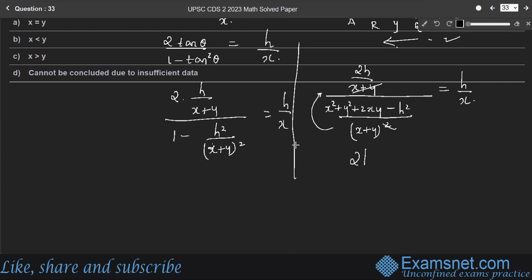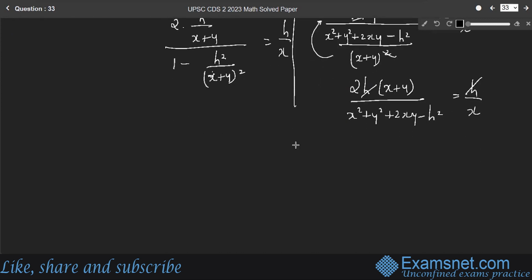It becomes 2h into x plus y divided by x square plus y square plus 2xy minus h square is equal to h by x. So here students, we can cancel h and h. By cross multiplication, take this x to the left hand side part.